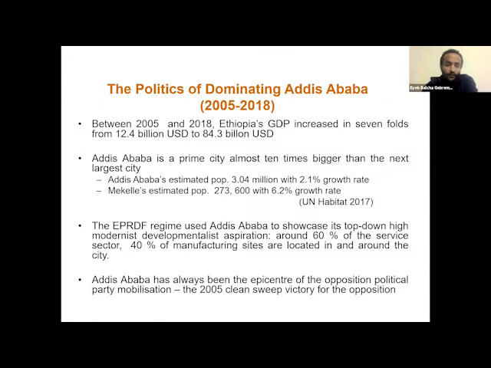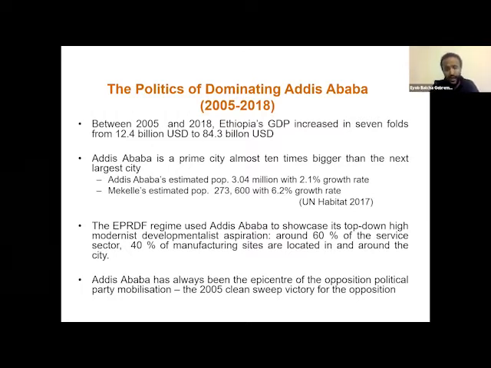So more of focusing on the soft power, how EPRDF managed to create new forms of coalition, a new base of support after 2005. And as you can see, Ethiopia's GDP has expanded within this specific period of time almost sevenfold. And Addis Ababa, the capital city, is also a prime city, which has almost 10 times bigger population size.